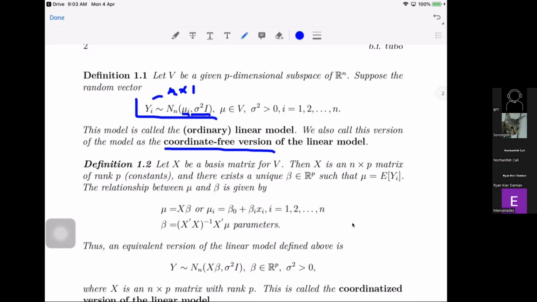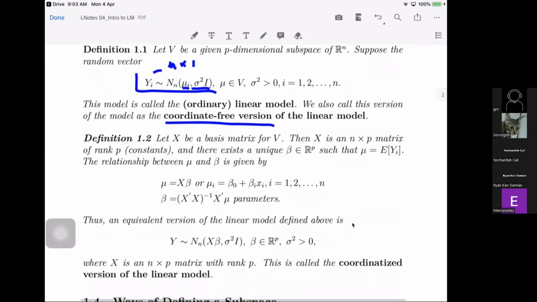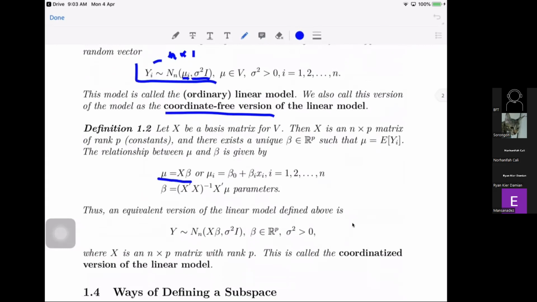And we can always transform this into a coordinatized version wherein our mu will be equal to a matrix X, which is a basis matrix for your subspace V. And then beta will be a unique p by 1 vector such that your mu, which is equal to the expectation of y, will be equal to X beta.